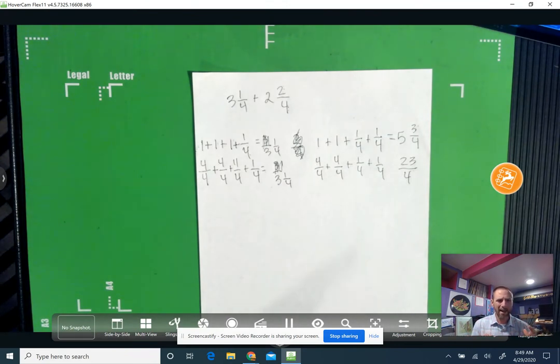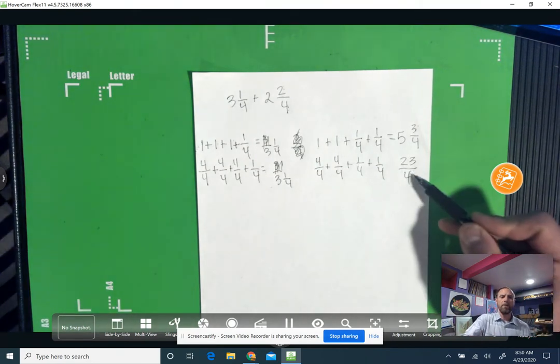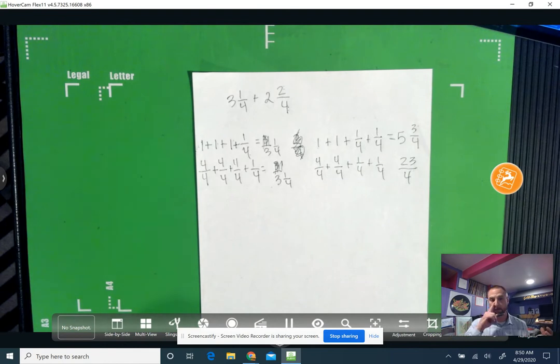In fact, we have multiple wholes and a fraction. That's why they call it an improper fraction. It's not really a fraction because it's not a part. It's a mixture of all of our whole numbers and our fractions. So we have 23 fourths.